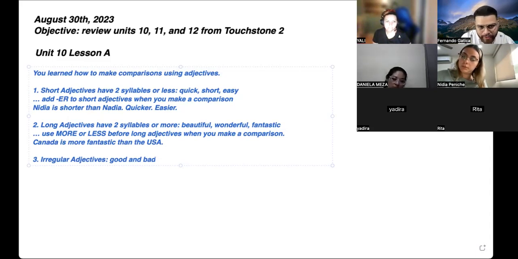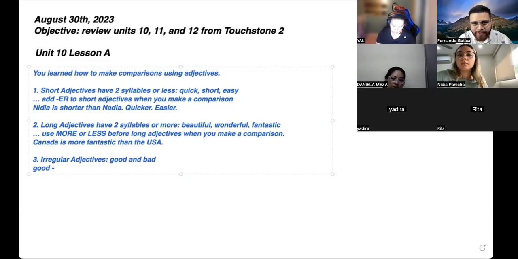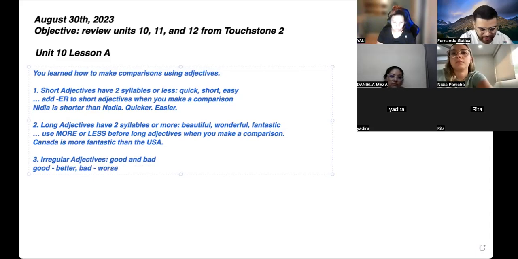Okay, and the irregular adjectives, of course, good. What is the comparative of good? Better. And bad? Worse. All right.